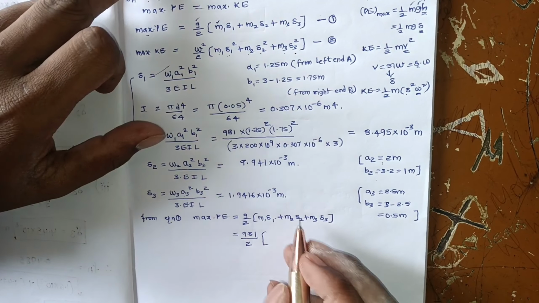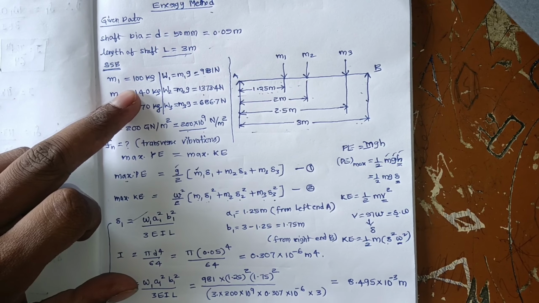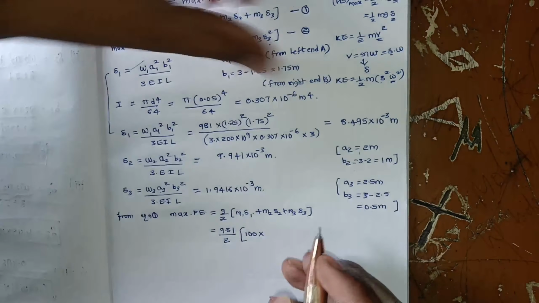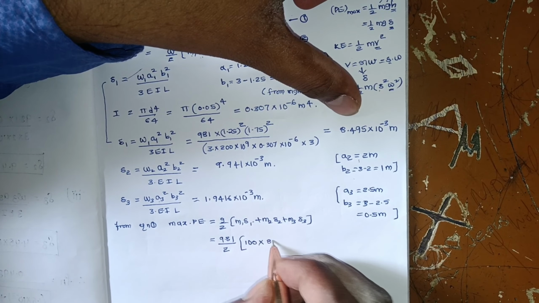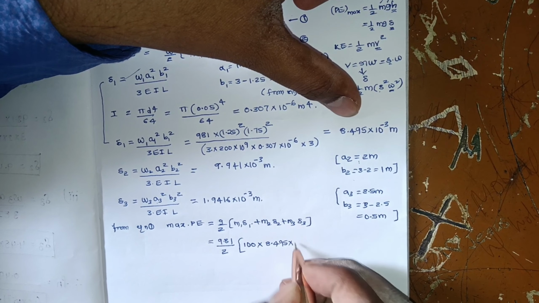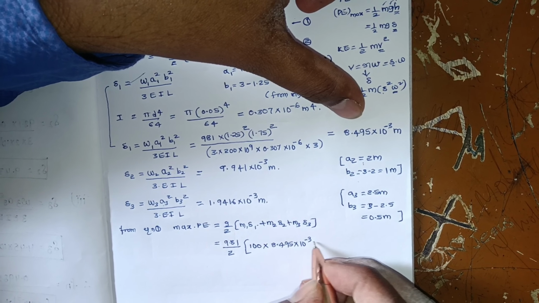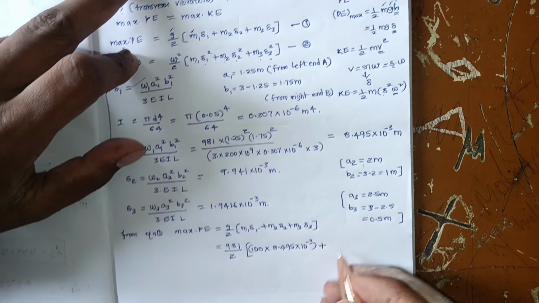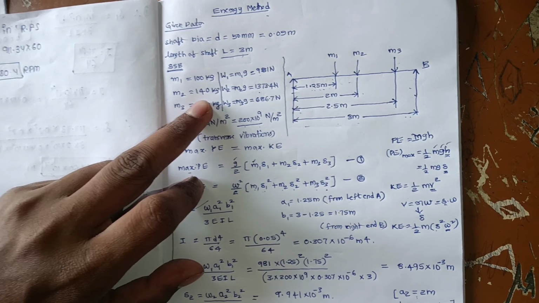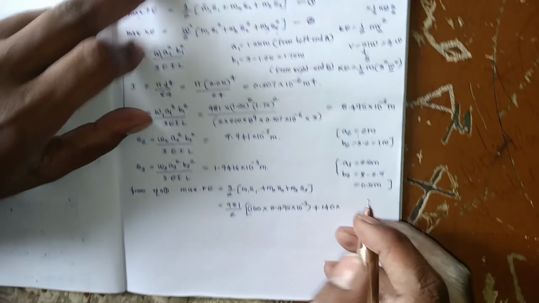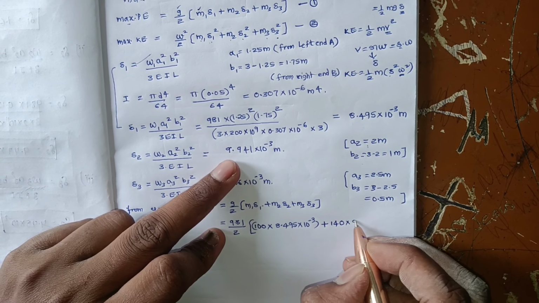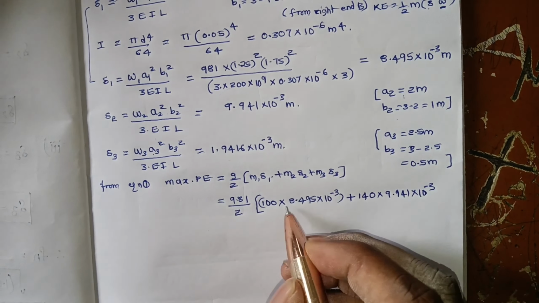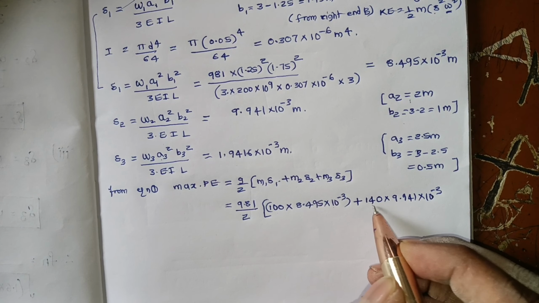Here M1 is 100 kg and delta 1 is 8.495 × 10^-3, plus mass M2 is 140 kg times delta 2, which is 9.941 × 10^-3. So this is M1 delta 1 and M2 delta 2.